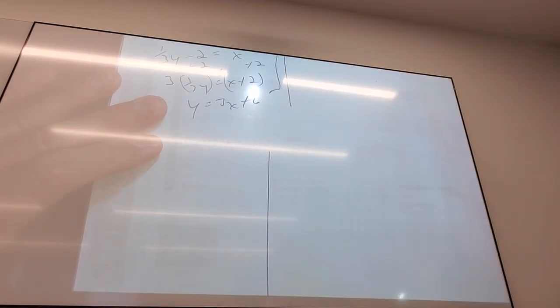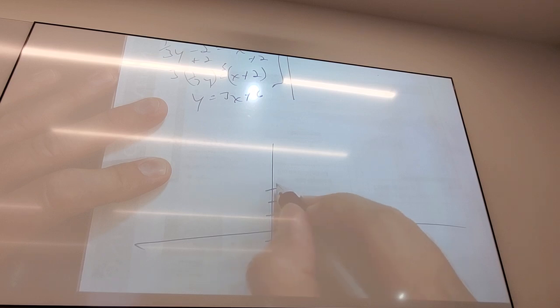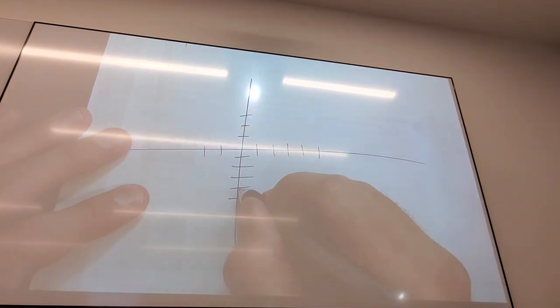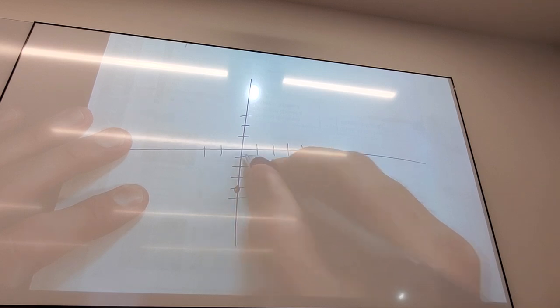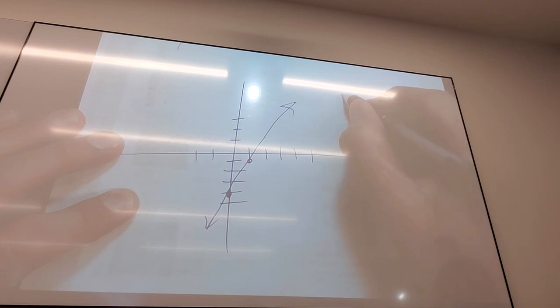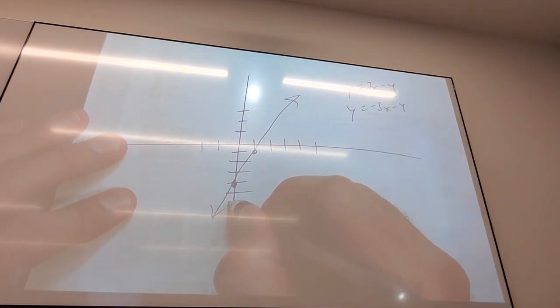If I graph 3x minus 4 and try to do it with a decent scale for once in your life, Jeff. That's okay, Jeff, whatever. So -4 and then up 3: 1, 2, 3 over 1. If I thought that the perpendicular line would be just, let's say, -3x, that would be down 3, over 1.